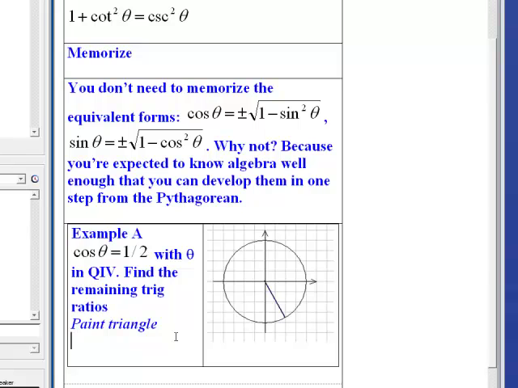So we have x equals 2, r equals 4, which gives me cosine theta equals 1/2. What are the others? Well, we would have to determine what y is first in order to figure out the sine and so on.